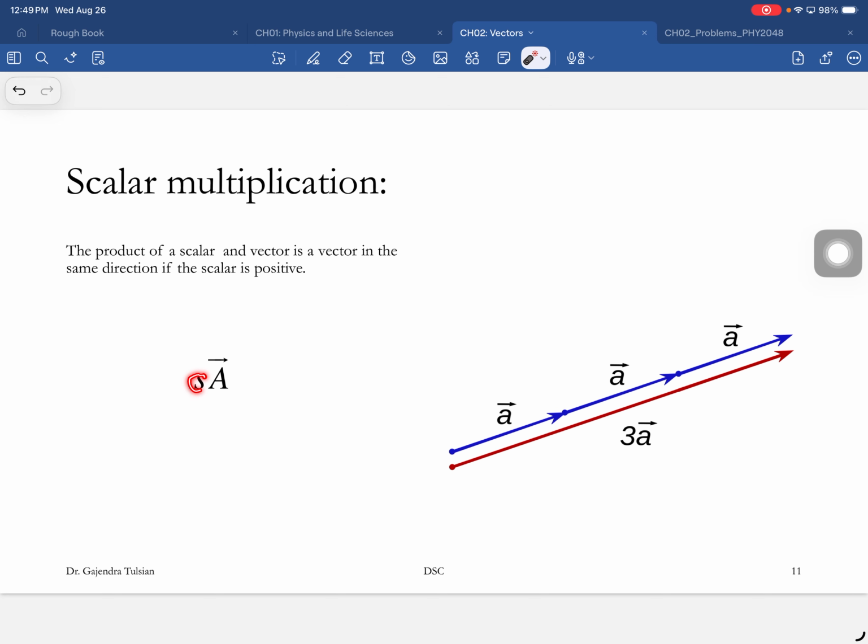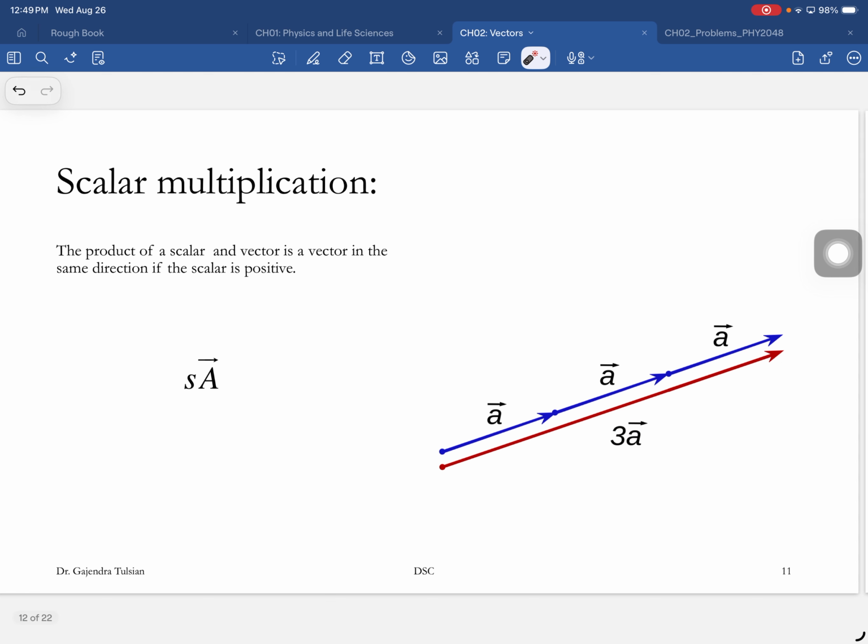If this number is smaller than 1, you're making it smaller. And if this number is negative, you're making it point in the opposite direction. So 3 times A is just a vector whose magnitude is 3 times the magnitude of the vector A.